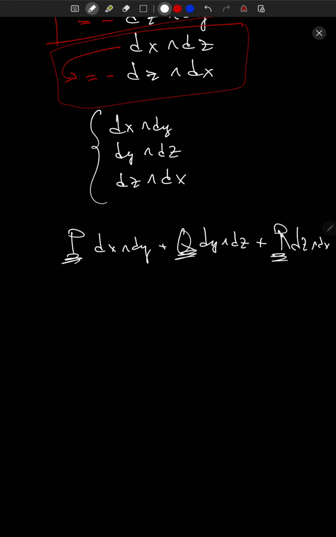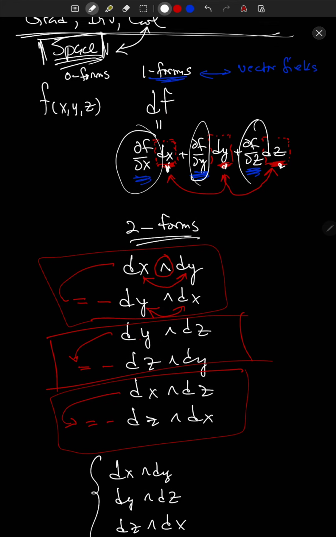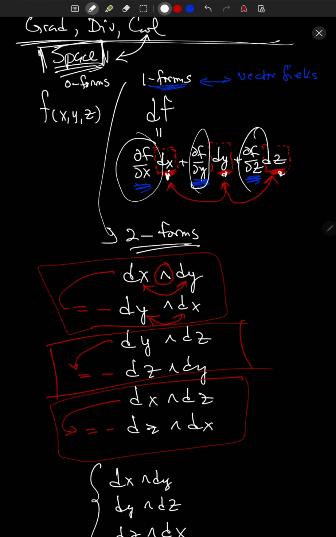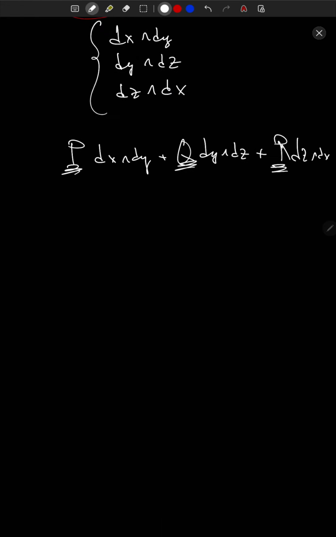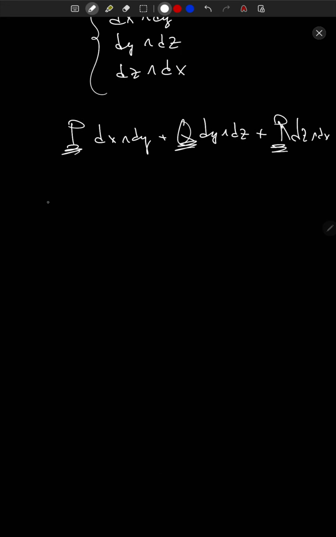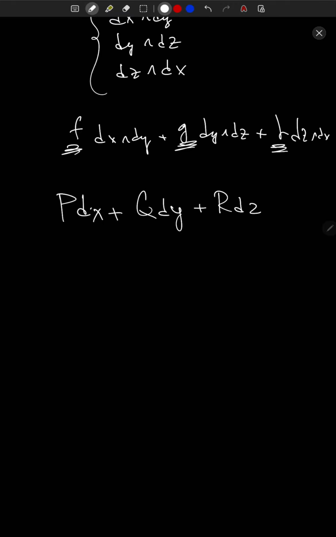Now, how do one forms and two forms relate to each other? If you have a one form, let me use little f, little g, little h here, because I want to do the next example with p, q, and r. So take p dx plus q dy plus r dz. You can do something called d of this.